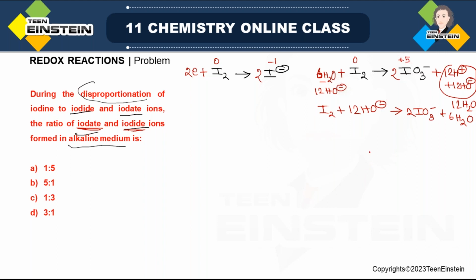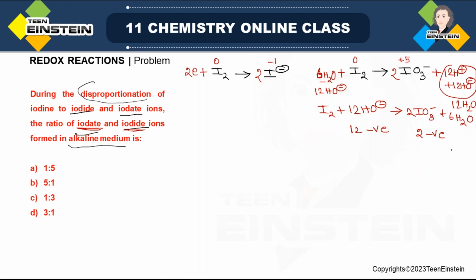So we have to add electrons to equate the negative charge on both sides.